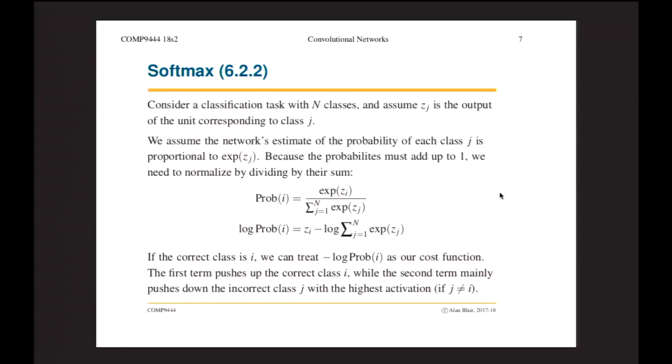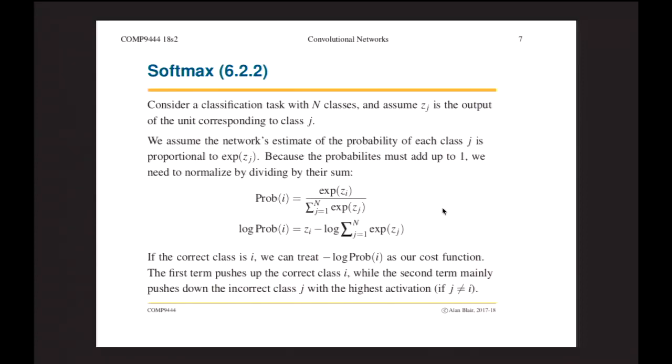So what we do instead is we take the exponential of the output. So e to the power of Z1 is interpreted as a probability, right? And that has to be positive. But the probability is proportional to e to the Z1. So there's some normalizing constant.